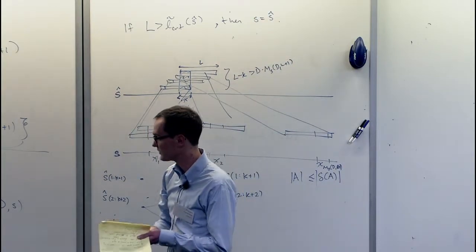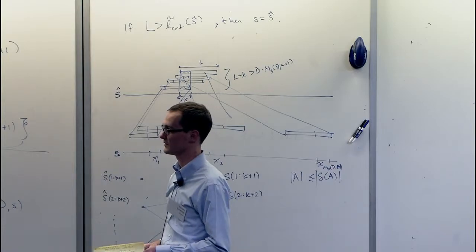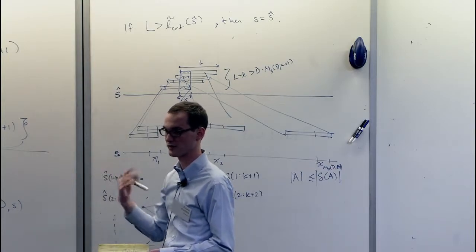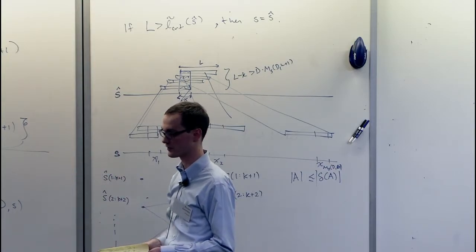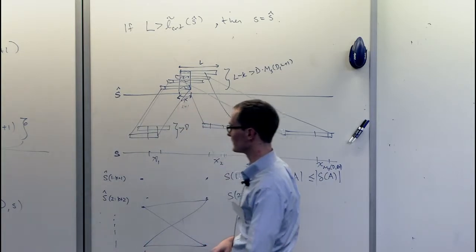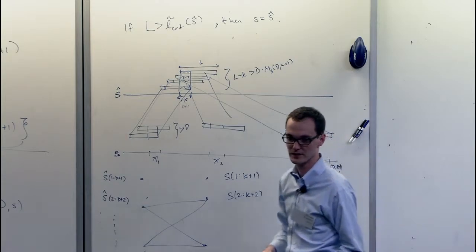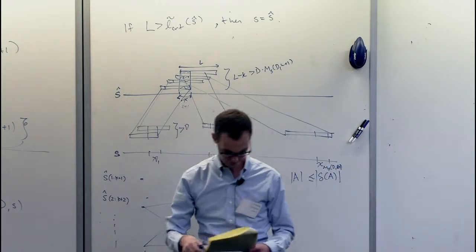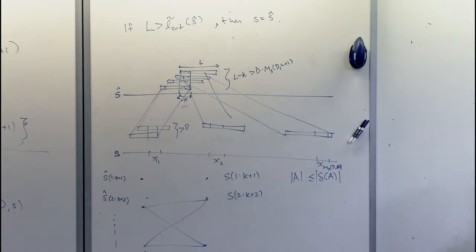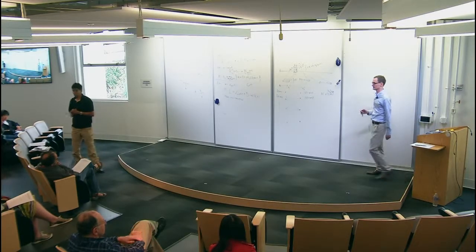So basically you can do your sequencing, assemble, and then check and certify whether you got the correct answer or not. And this is all under adversarial errors as well. So that's it. Questions?